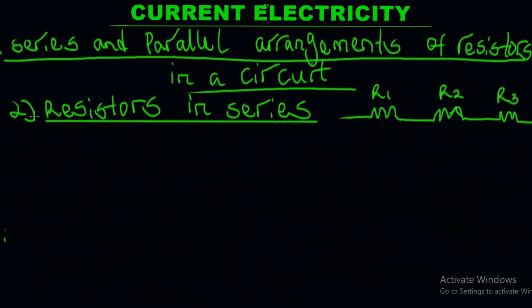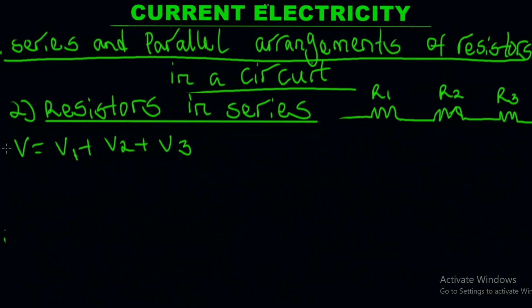So moving on, when resistors are in series, what you need to know is that the PD across each resistor is different, and the net PD is equal to the sum of their individual PDs. So V here, when they're connected in series, is equal to V1 plus V2 plus V3. This V is the net PD, the total voltage. V1 is the voltage of resistor 1, V2 the voltage of resistor 2, V3 the voltage of the third resistor.